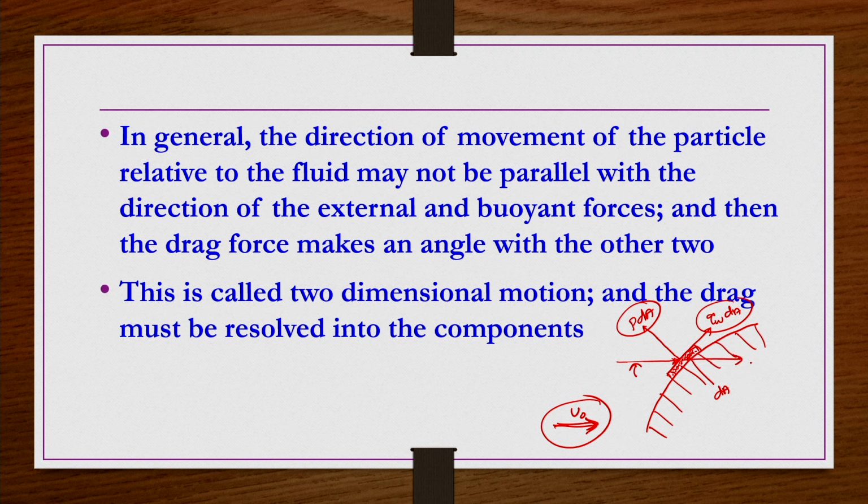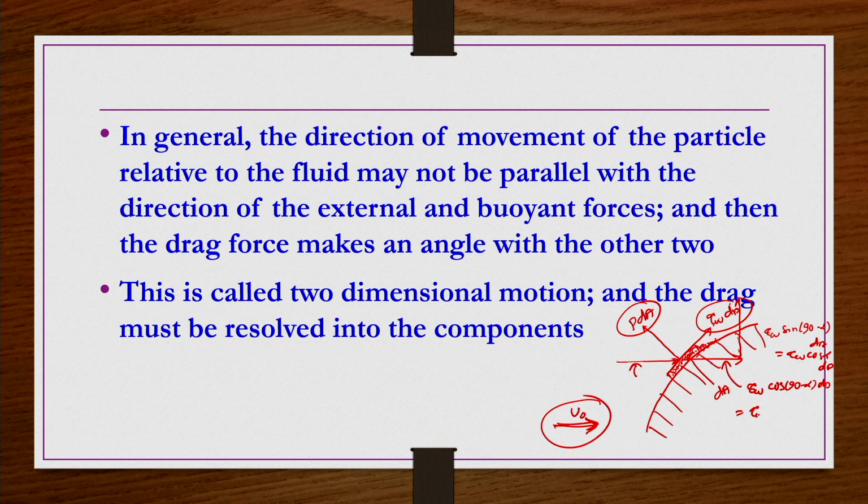So, we have this tau w, and this angle is 90 minus alpha. So, this component would be tau w sin(90 minus alpha) dA, that is tau w cos alpha dA, acting in this direction, whereas in the other direction what is acting is tau w cos(90 minus alpha) dA.